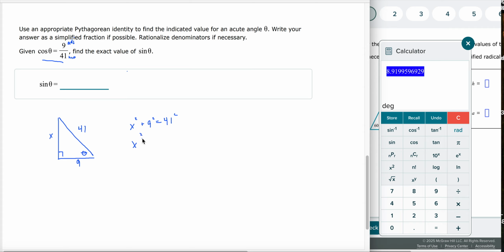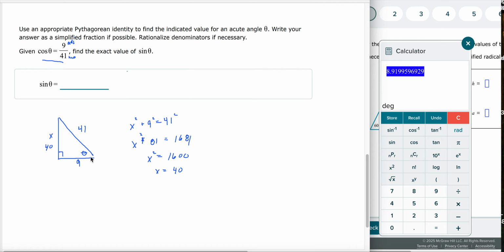So x squared plus 81 is equal to 41 squared, which is 1681. And so x squared is equal to, subtracting, 1600. Take the square root of both sides, and x is equal to 40. So that tells me this side.